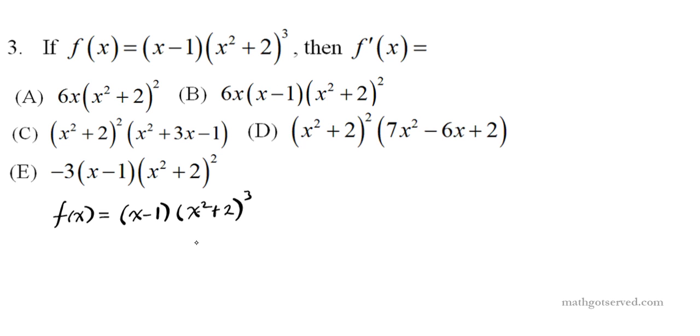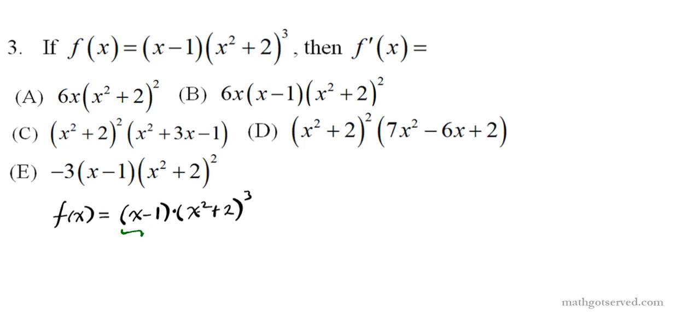So what you want to do is ask yourself, is there a rule I can apply to a polynomial function presented in this format? What do we have? We have the product of two functions, a linear function and a composite function, a composition of a quadratic and a cubic. Okay, so since we have the product of two functions, what formula should we use? We're going to use the product formula.